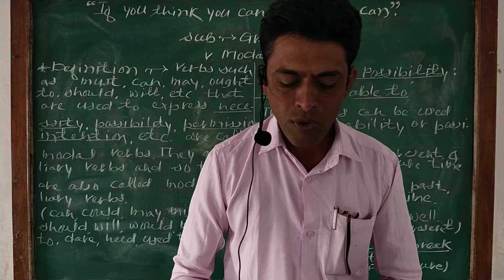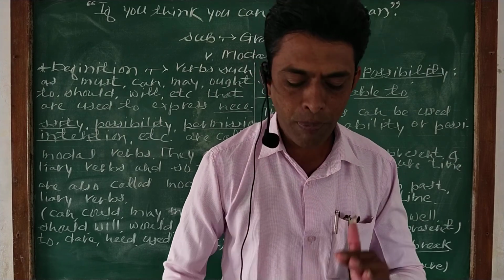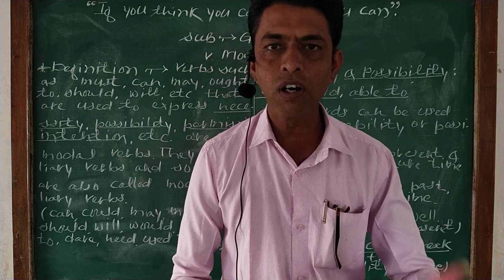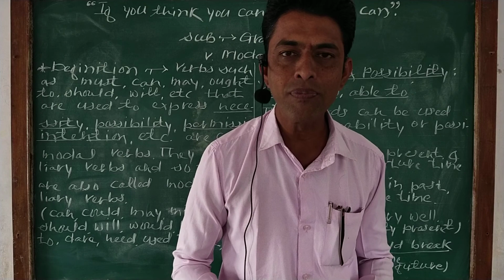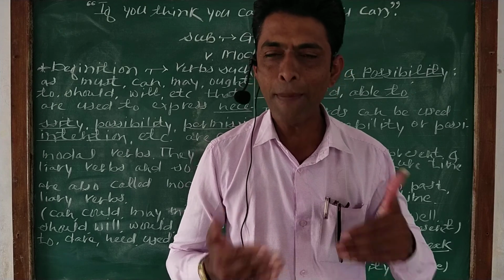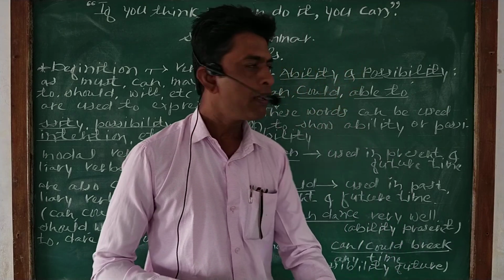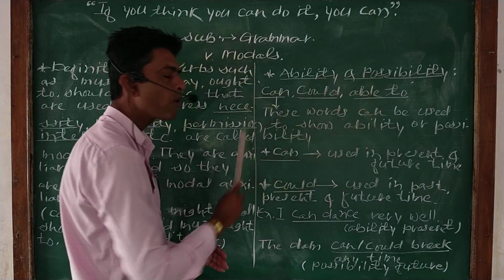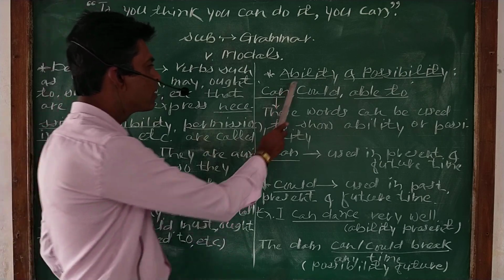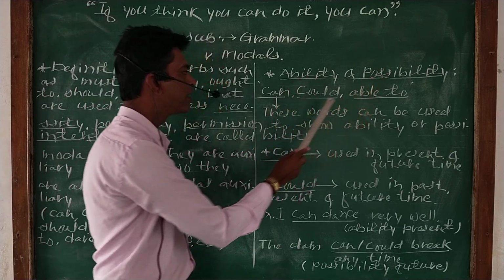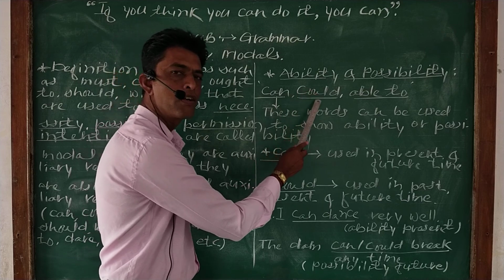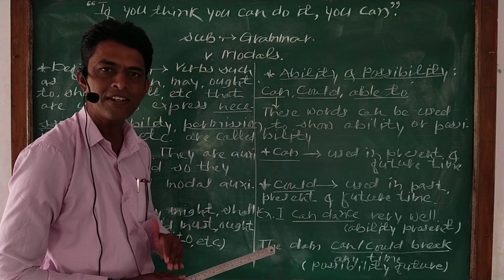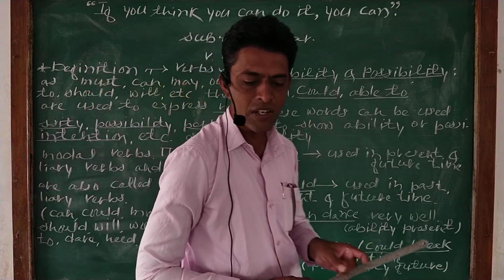Now we are going to discuss a very new topic, that is ability and possibility. There are some modal verbs which are used to show ability and possibility. There are 3 different modal verbs which show ability and possibility. They are can, could, and able to, which we are going to discuss in detail in this online session, right?